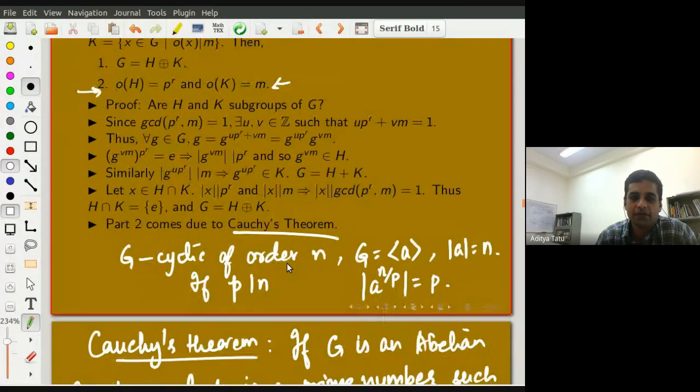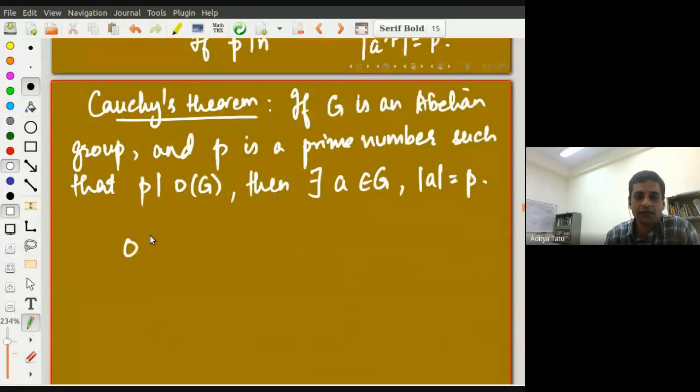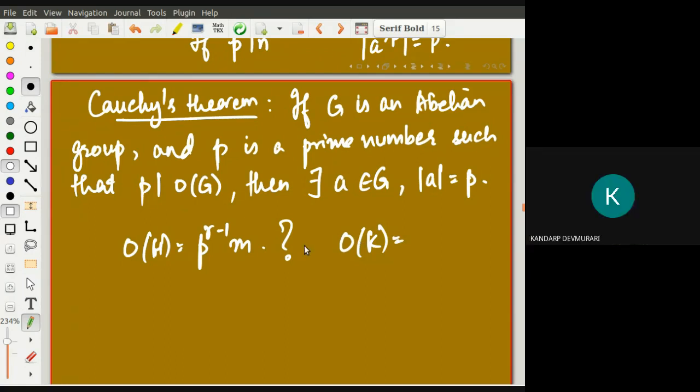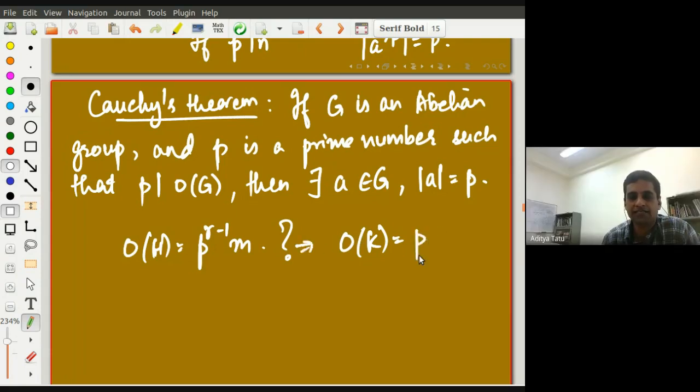For example, why can't the order of H be p to the power r minus 1 into l? If this happens, what is the order of K? It is p. Can this happen?